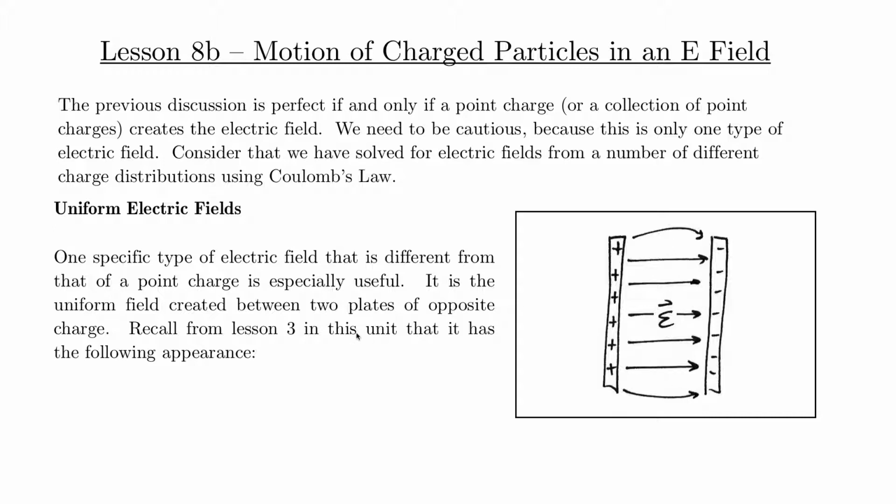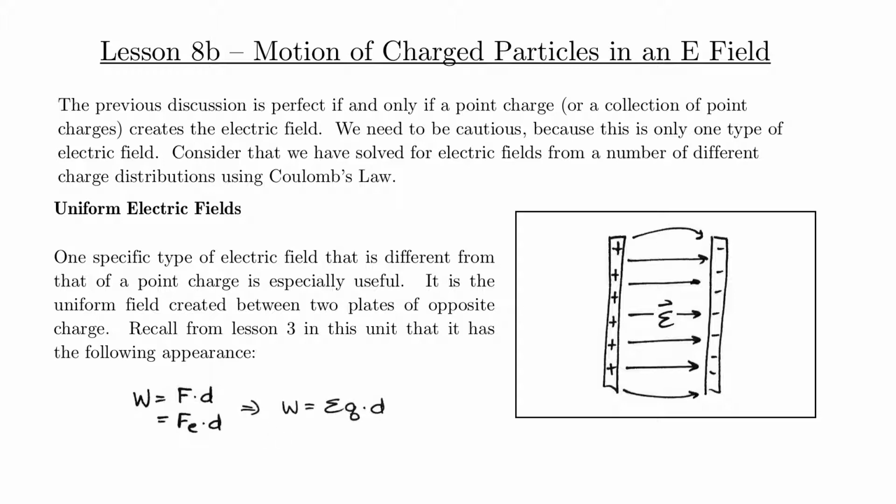This is going to be very, very helpful, because basically this is what it looks like. And what we're going to be able to say is that the work done on any charged particle that's moving through this type of electric field is just the electric force on that particle times however far it moves.